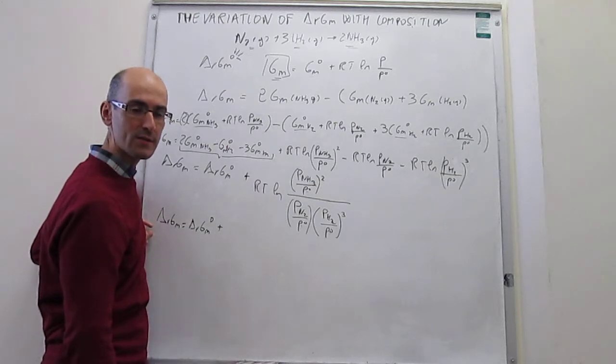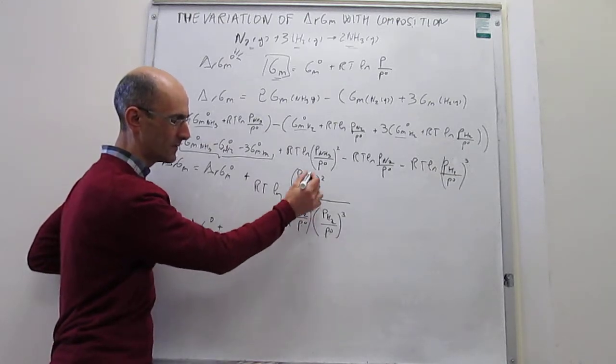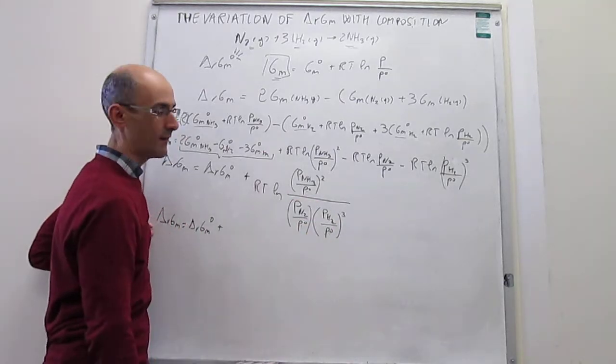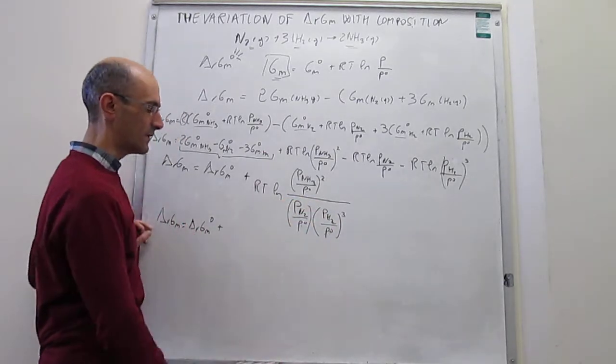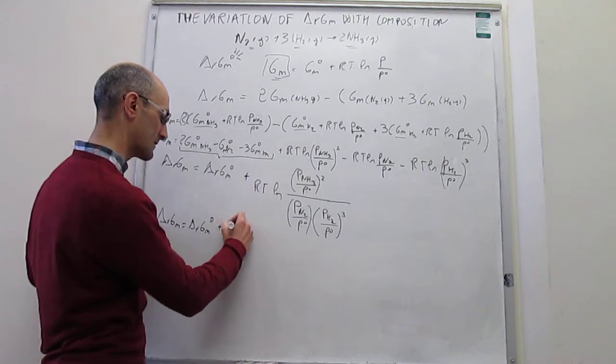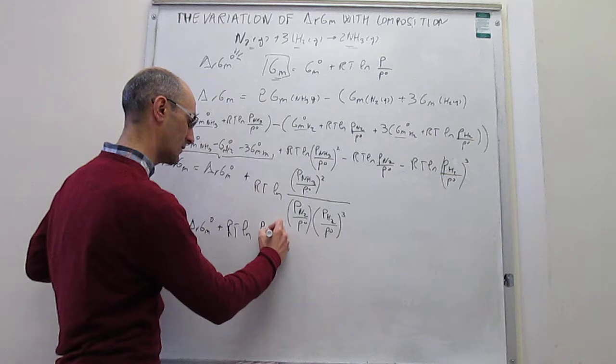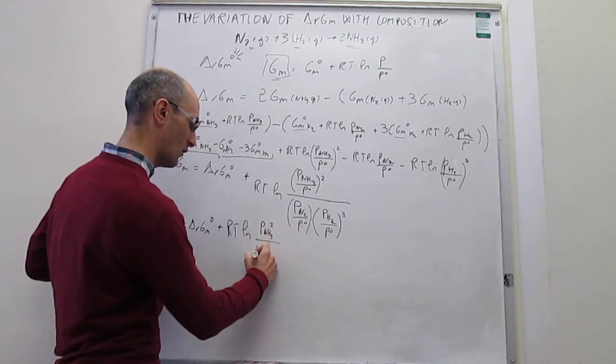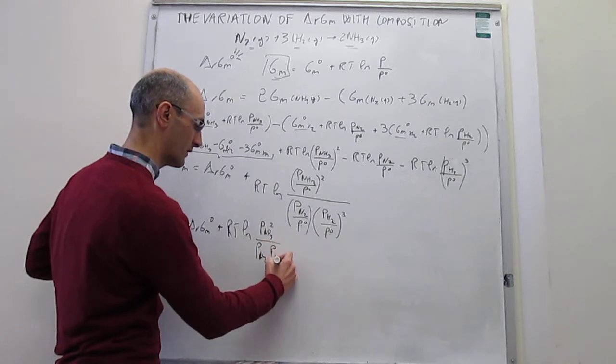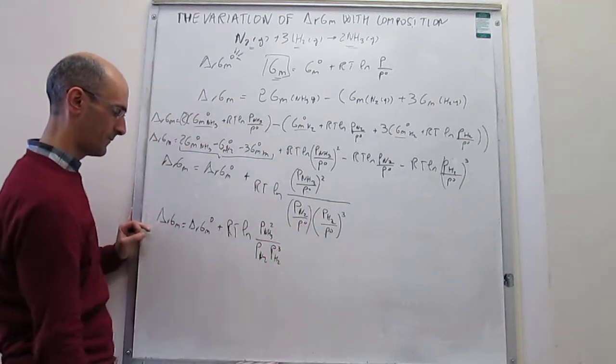You won't have any units. Okay, so again, what these partial pressures do is simply cancel the unit that you have as long as those pressures are in atmospheres. Okay, so we can rewrite this simply as RT natural log of the partial pressure of NH3 squared over the partial pressure of N2 over the partial pressure of H2 cubed.